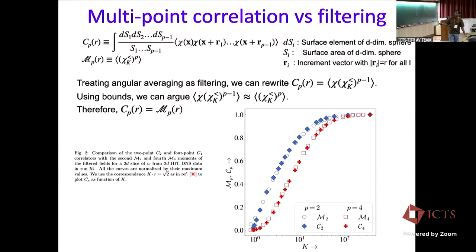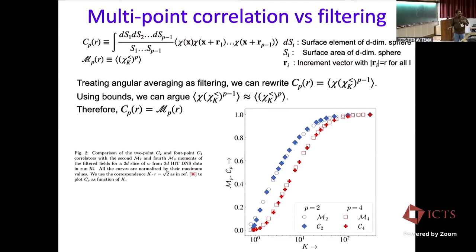You take your bare field, you do a filtering on it, you raise it to a power p, and he was able to show, with some bounds and other things, that this is equivalent to looking at a p-point correlator. The only caveat is you have to be very careful when you are evaluating this p-point correlator, because these increments are all having the same separation. That's how you can then define a length scale.